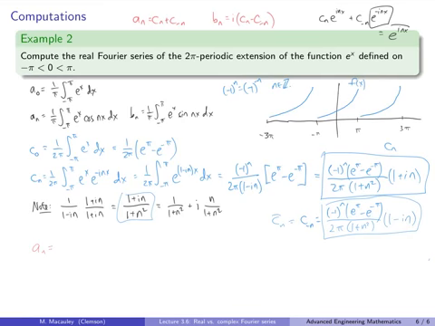So an is Cn plus C minus n, which is this thing that I've boxed, but without the complex part and without that 2. So that's negative 1 to the n times e to the pi minus e to the minus pi, there's no 2, so over pi times 1 plus n squared.